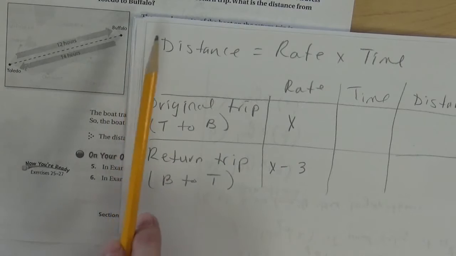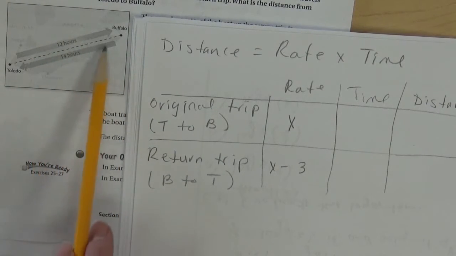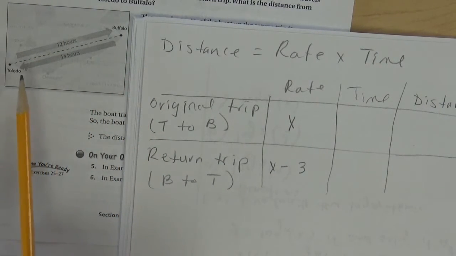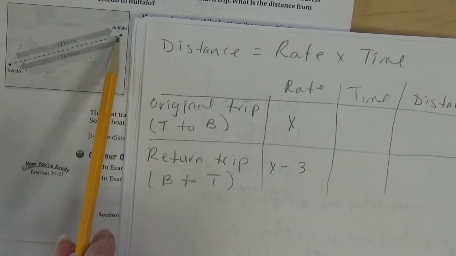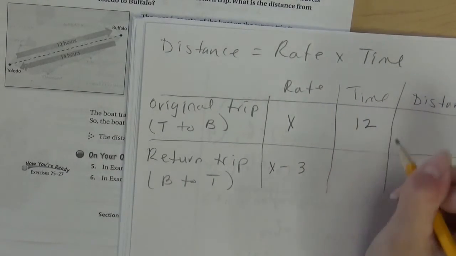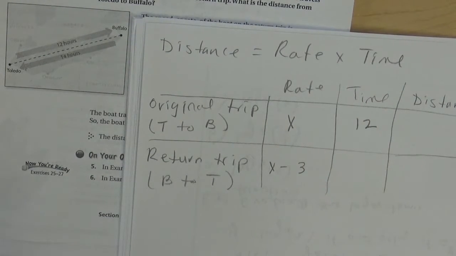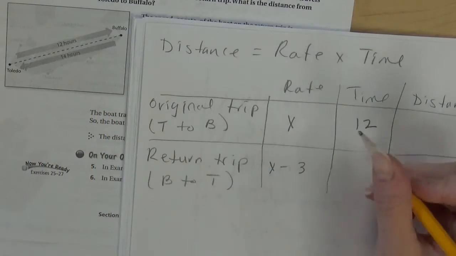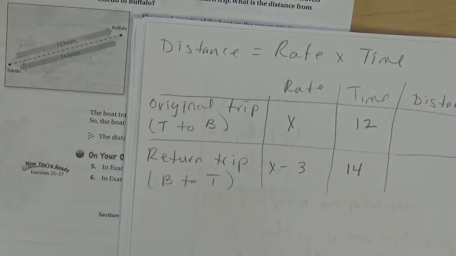What else do we have? You may have to look at your own paper for this. We're told that the trip from Toledo to Buffalo, the original, took 12 hours, so we put in 12 for the time there. The return trip from Buffalo to Toledo took 14 hours, so that can go there.